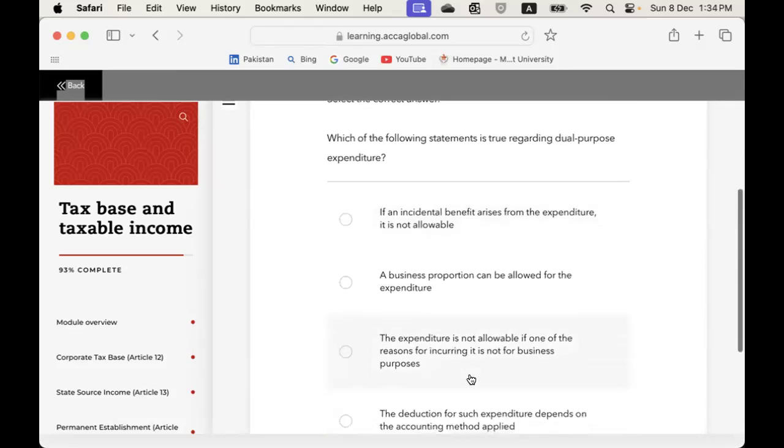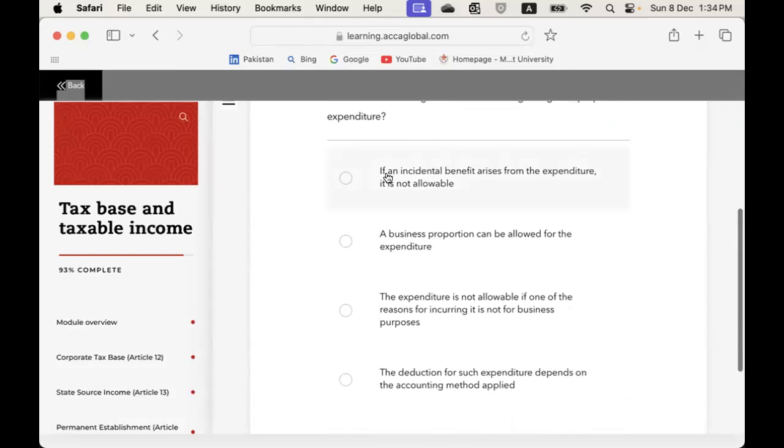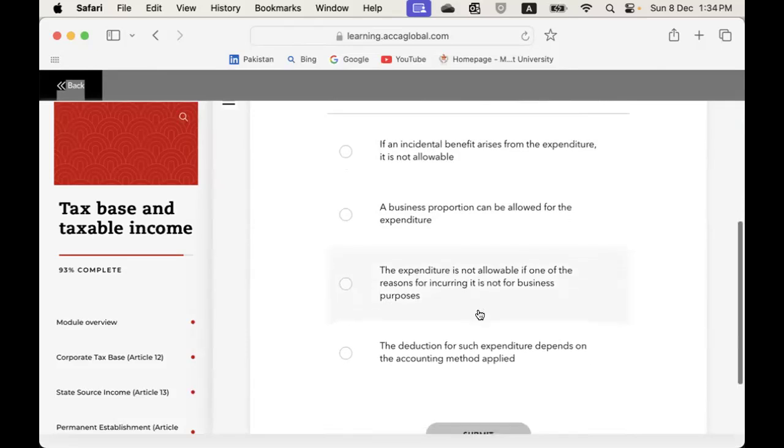Select the correct answer. Which of the following statements is true regarding dual purpose expenditure? That should be an easy one. If an incidental benefit arises from the expenditure, it is not allowed. That was in the UK. A business proportion can be allowed for the expenditure. This seems right. Expenditure is not allowable if one of the reasons for incurring it is not for business.